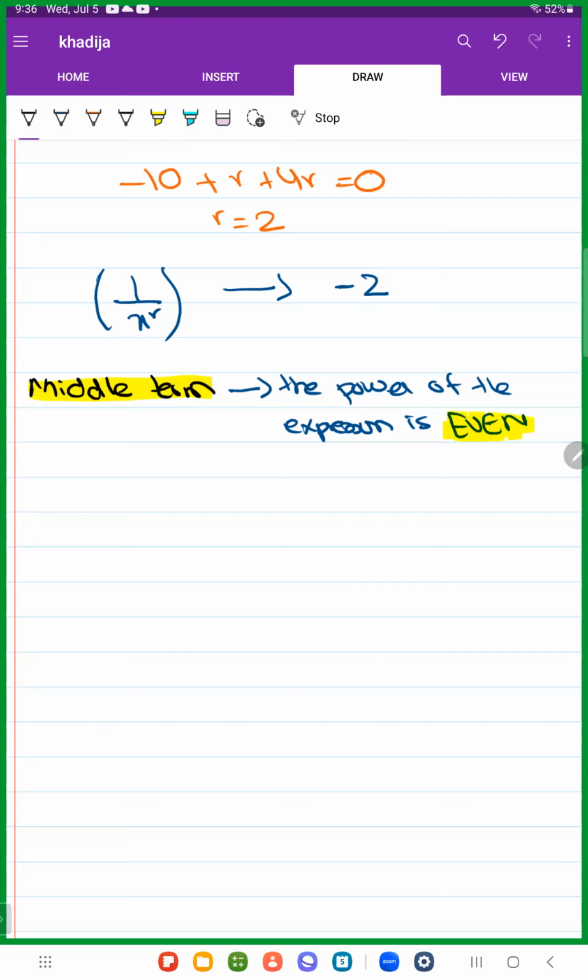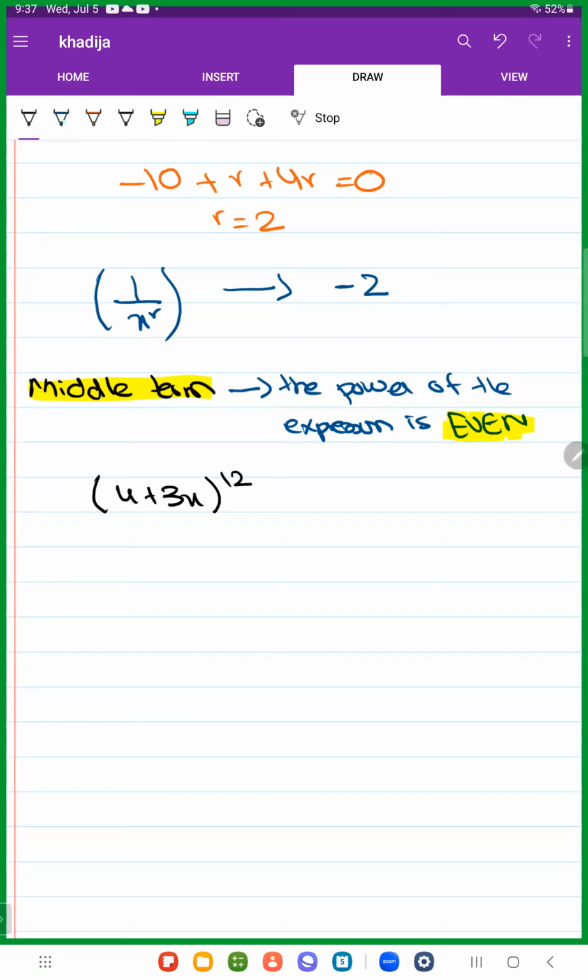So for example, I give you the question 2 plus x cubed, or I give you the question 4 plus 3x to the power 12. Is the power even? Yes. Only then can I calculate the middle term.